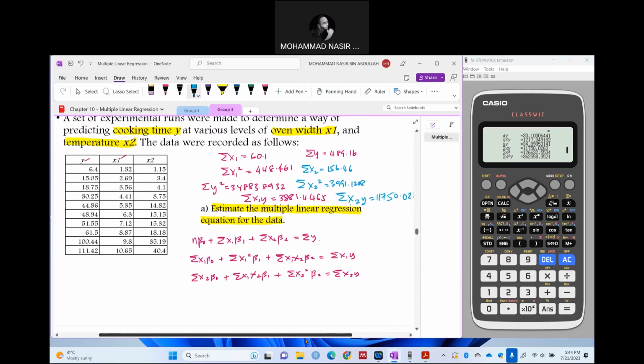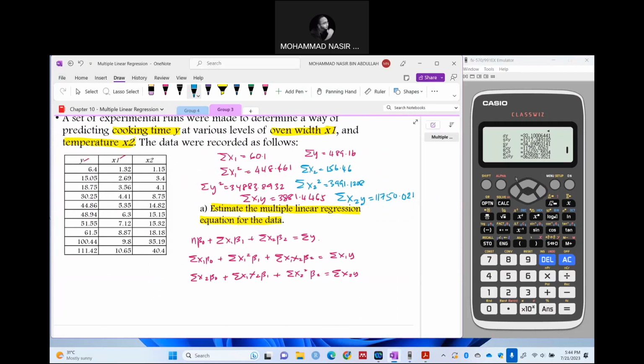Right. Next, we need to have another value, which is summation of x1, x2, right? So we need to input another data, click option and 4. So this is x2, remember? And then we need to put x1 here. So 1.32.